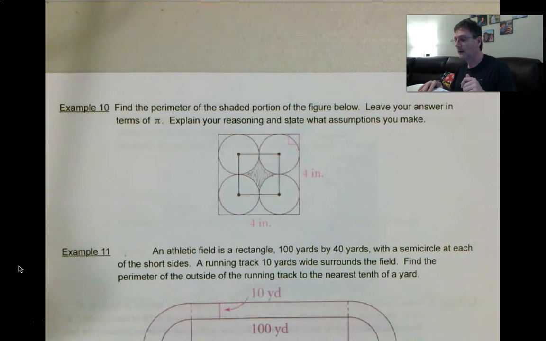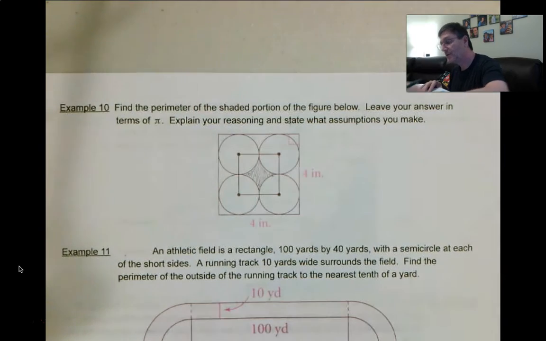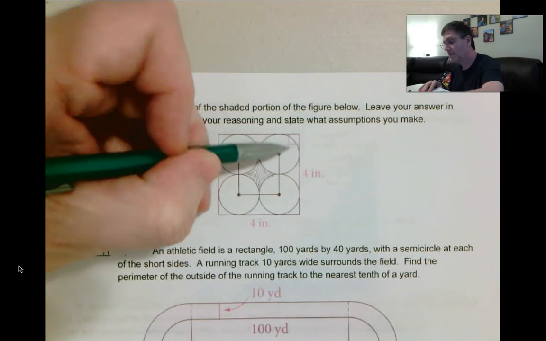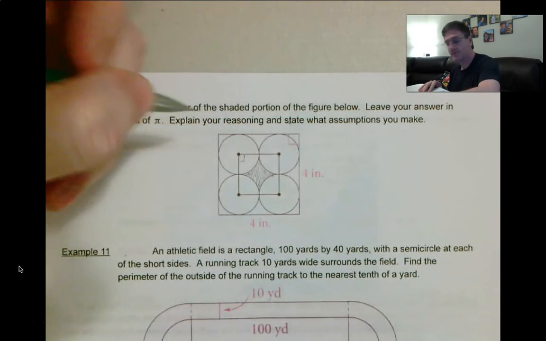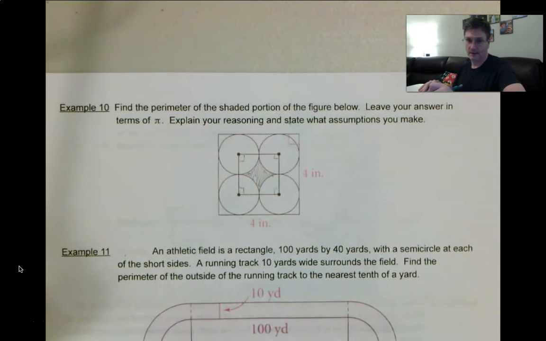Okay, so we want to find the perimeter of the shaded portion. So we are going to make some small assumptions. They're not huge, some small ones. This is a right angle here. So we're going to assume that's a right angle, that's a right angle, that's a right angle, and that's a right angle. Okay, so that's our first assumption.